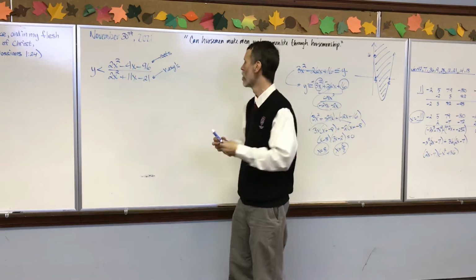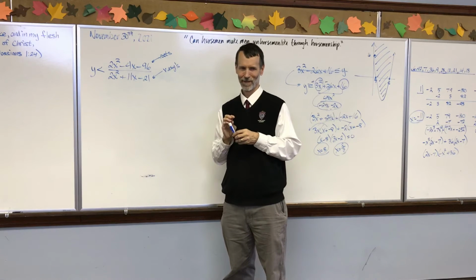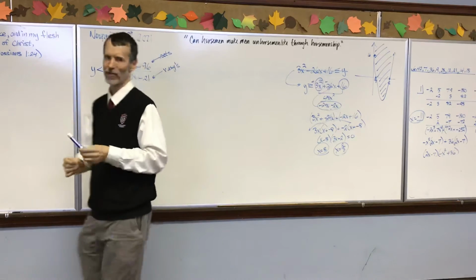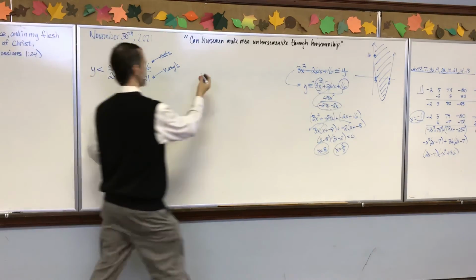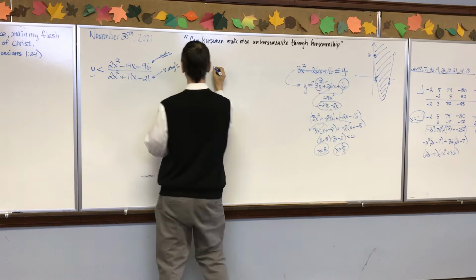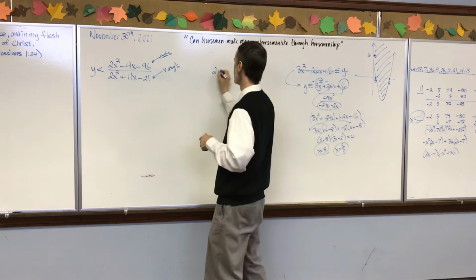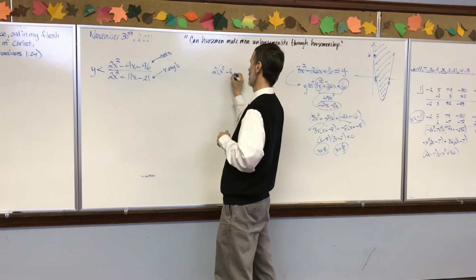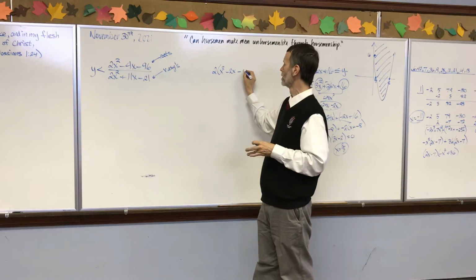Can somebody tell me how to tear apart the top? Katie, start me off. How do you find the x-intercepts? Yeah, it's factor this thing. Does it factor? Yeah, there's a GCF of 2. What's left behind? X squared minus 2x minus 48.